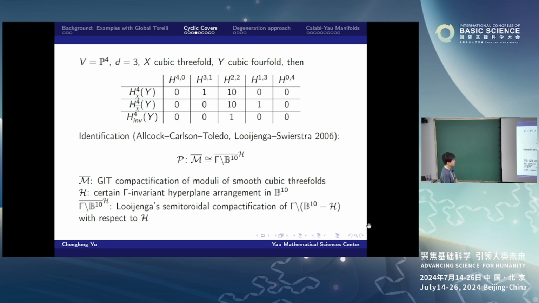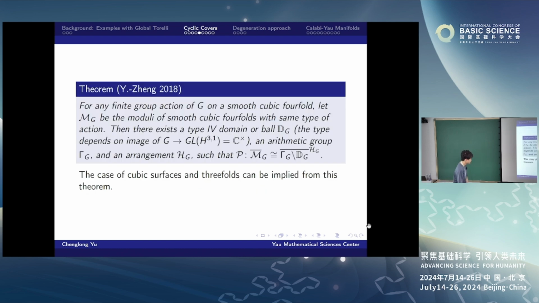Also, this work is quite influential because later people like Laza proved the global surjectivity of the period map for cubic fourfolds, and it also borrows some ideas and analysis from this work.